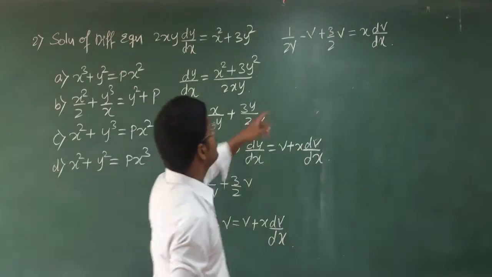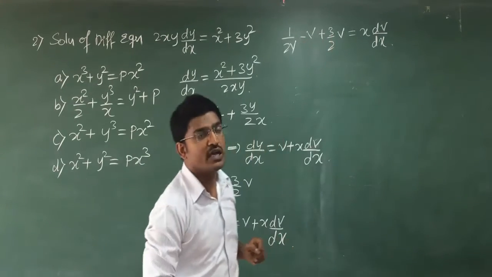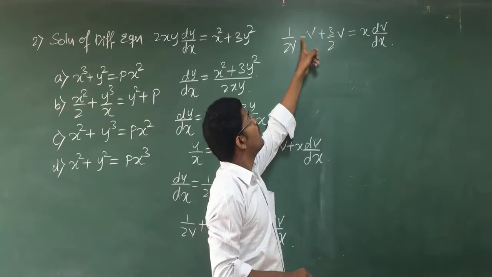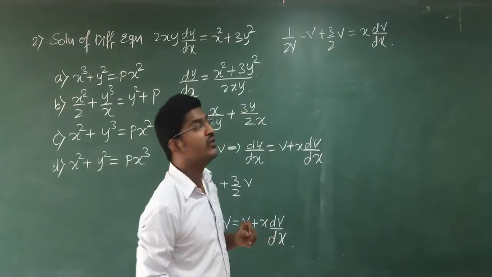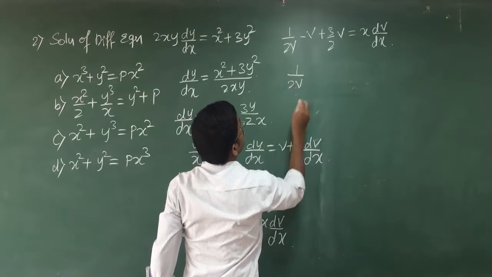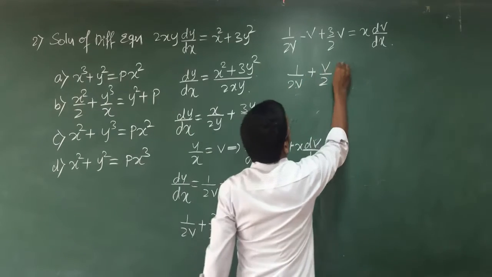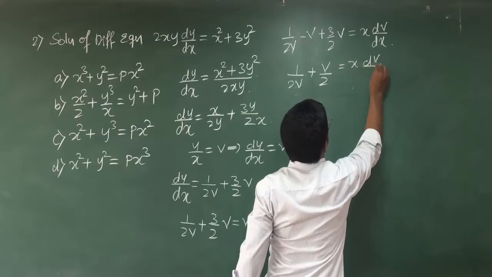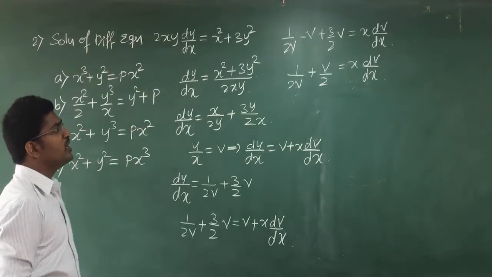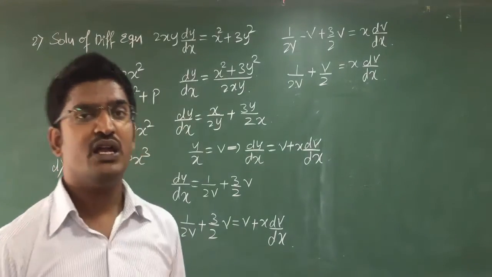So for that, simplify minus v plus 3v by 2. Here again the LCM is 2, minus 2v plus 3v will be v. So 1 by 2v plus v by 2 will be equal to x into dv by dx.